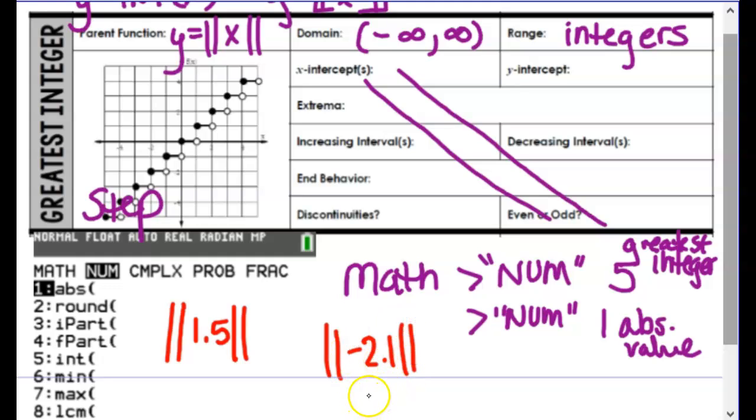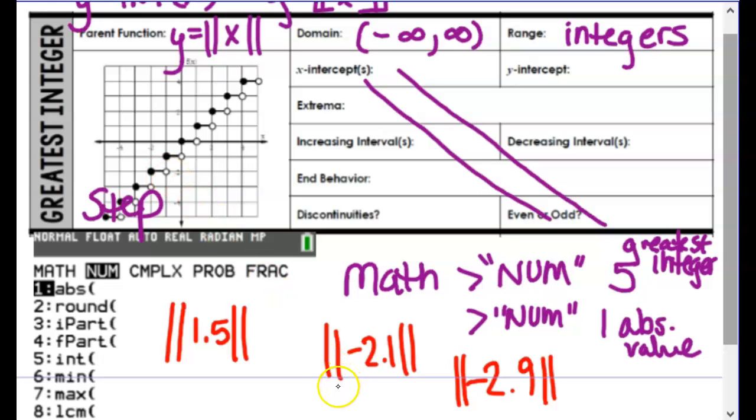What is the next number less than or equal to negative 2.1? What about negative 2.9? It's rounding always to the left.